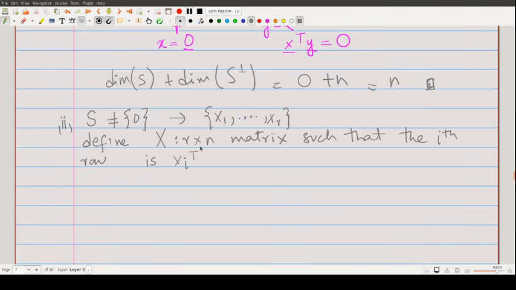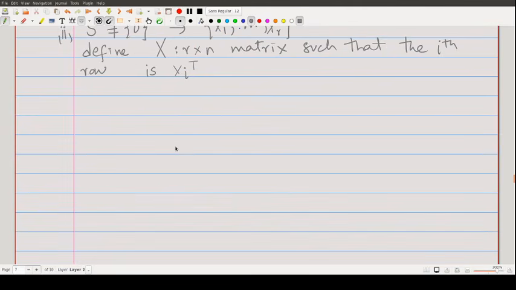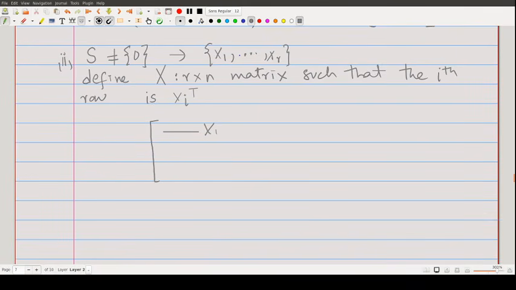So what we're essentially doing is building a matrix whose first row is x1 transpose, the second row is x2 transpose, and the last row is xr transpose. And so there are r rows, and because each vector belongs to Rn, there are going to be n columns, because there are n entries in each vector.